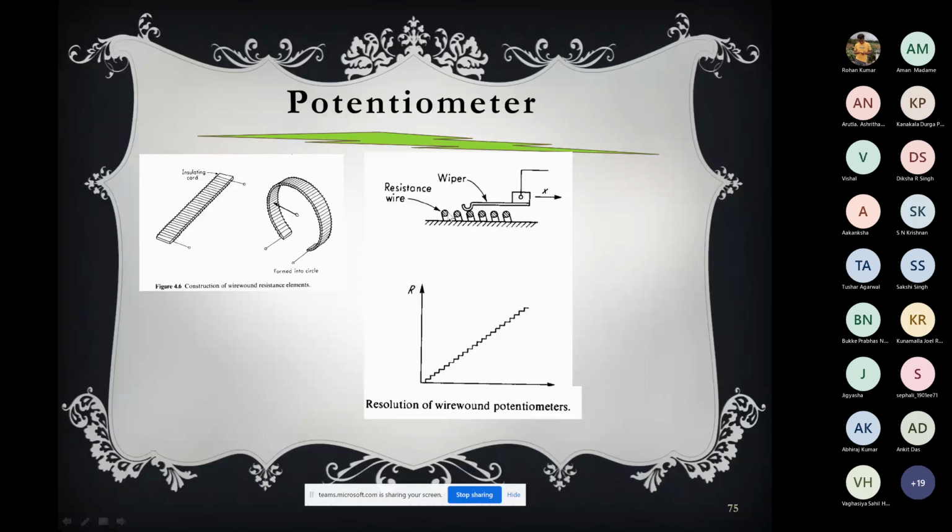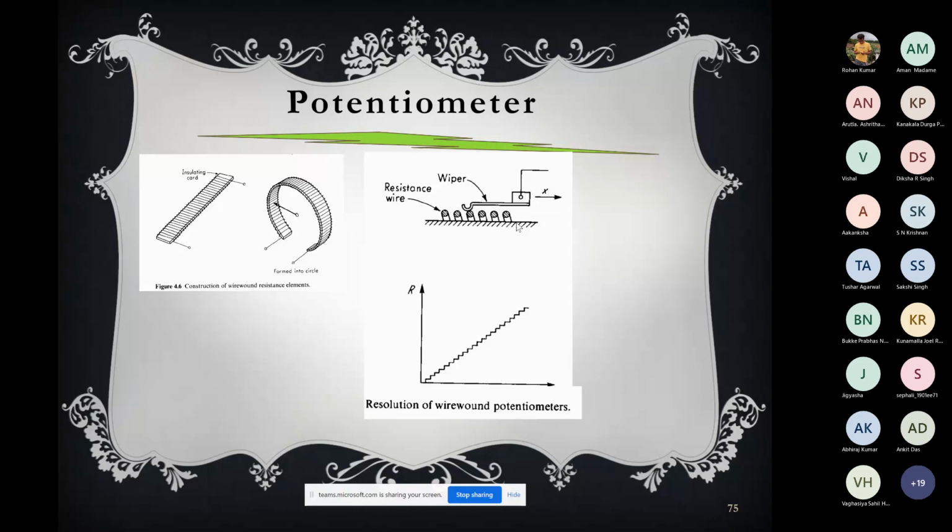You have the wire wound, so you might have the slider on this wire, or this wire, or this wire. Inside a turn you don't have a slider position. So the resistance is not continuous; one full turn of wire is added at each step, and the wiper moves on it.